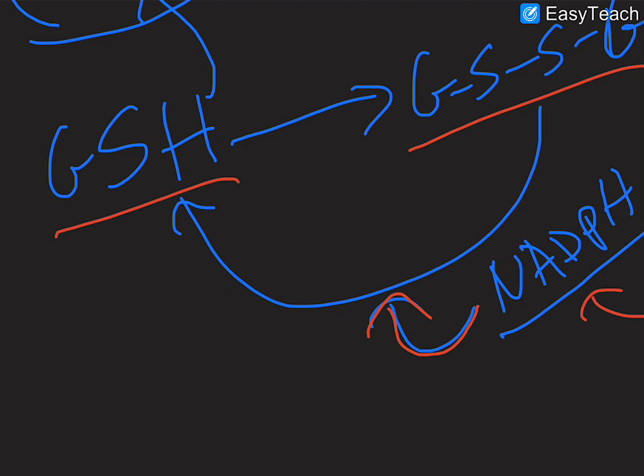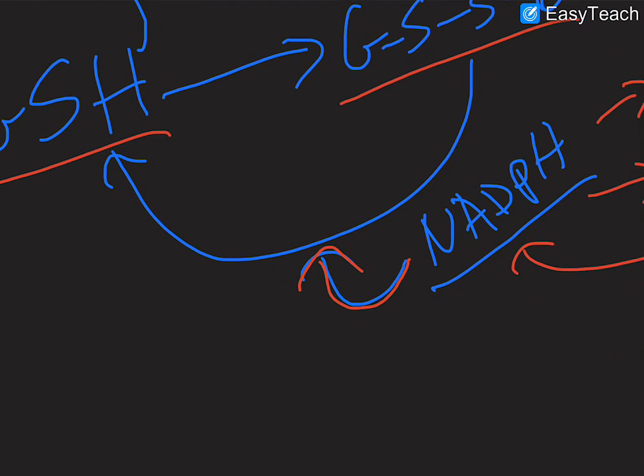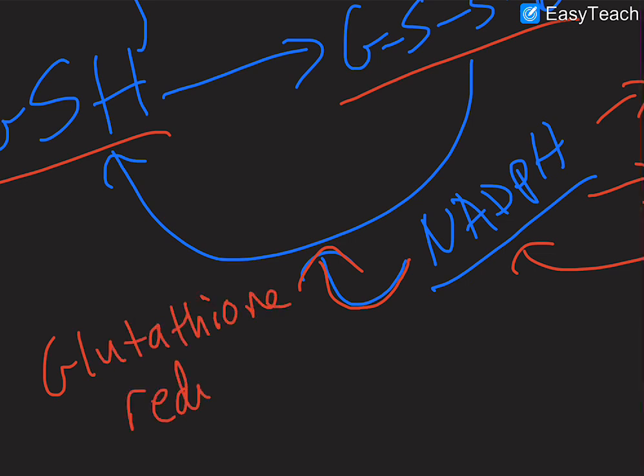But to do this reaction, along with the NADPH, we need an enzyme, and the enzyme is glutathione reductase, which uses the NADPH to do its job.